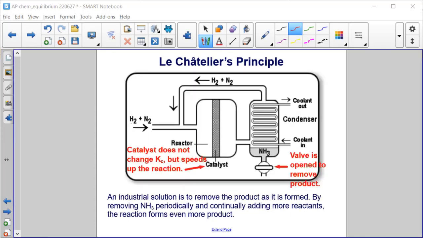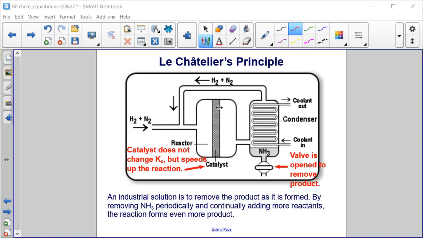An industrial solution, one of the things that happens in industry, is to remove the product as it is formed. By removing NH3 periodically and continually adding more reactants, the reaction forms even more product. So we're doing two things at the same time, right? We're both increasing the reactant and decreasing the product, continuously driving that reaction towards the production of product.